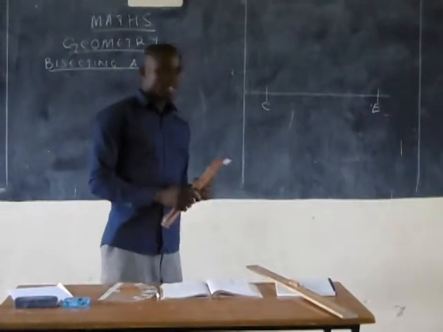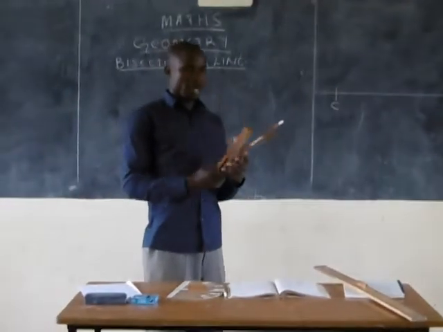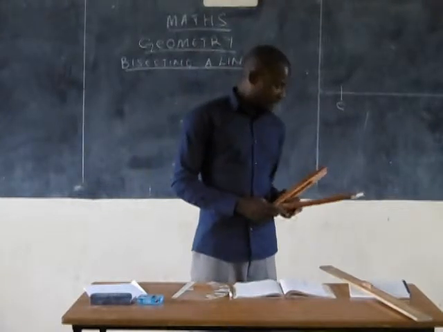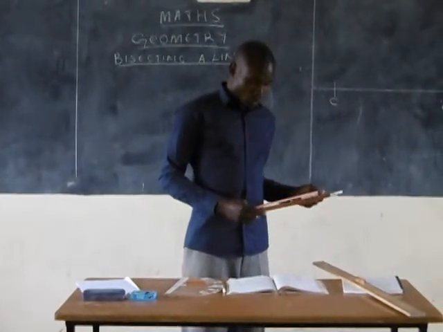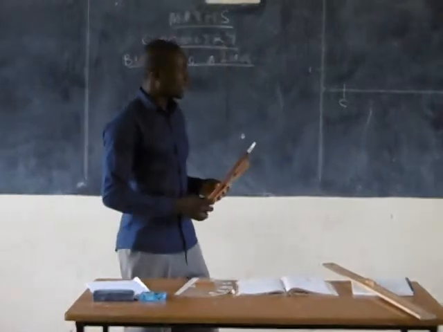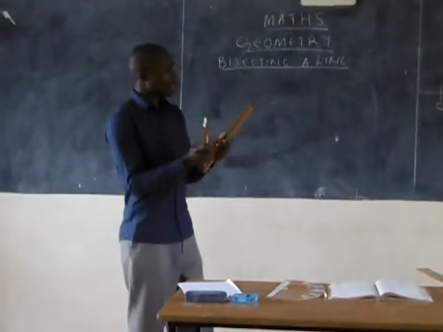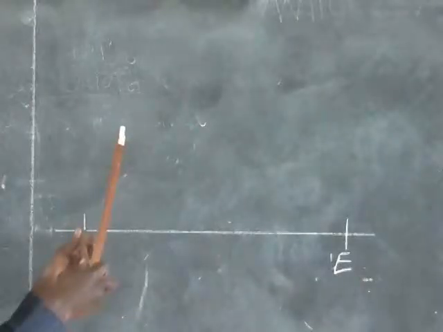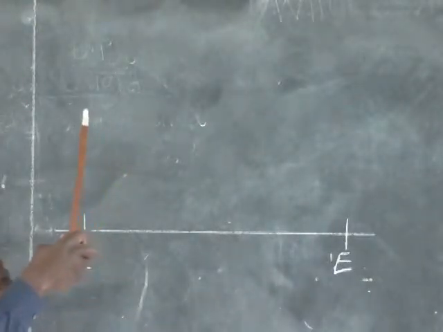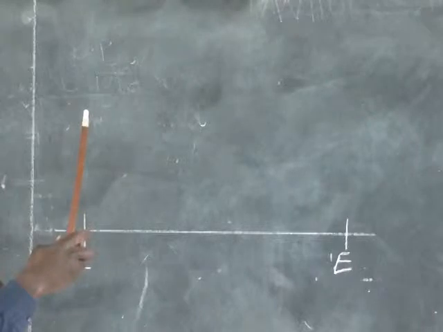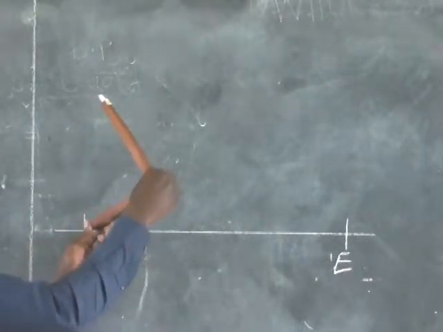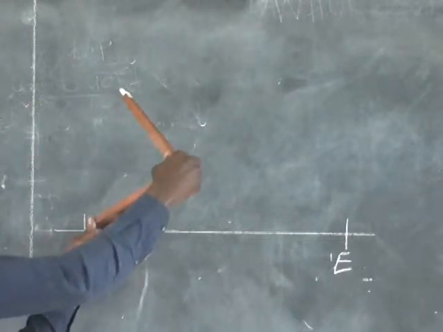After you have drawn that, take your pair of compasses with any radius. Take C as the center. Put a mark above the line.